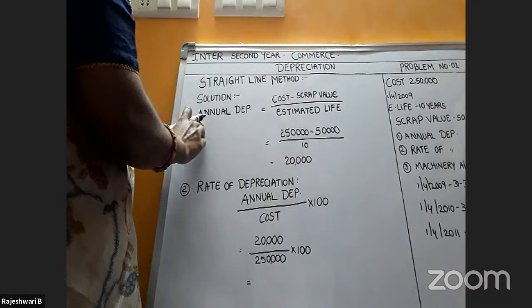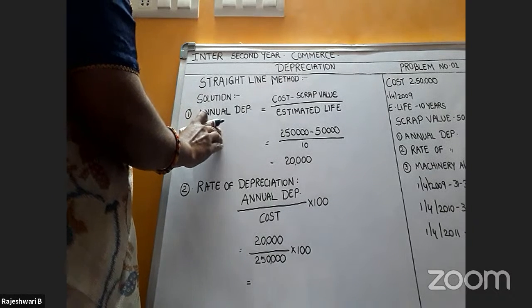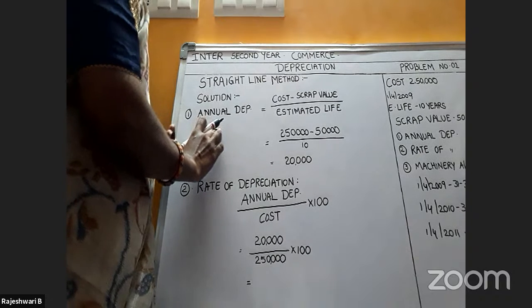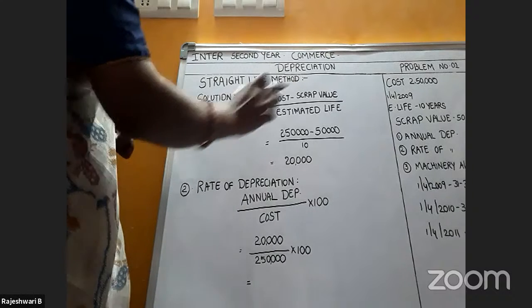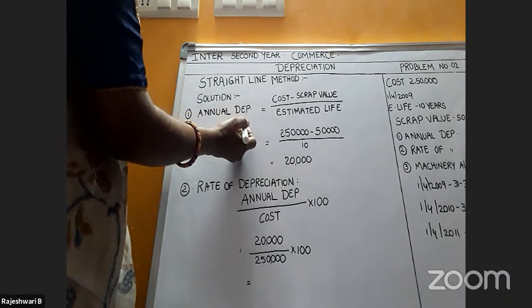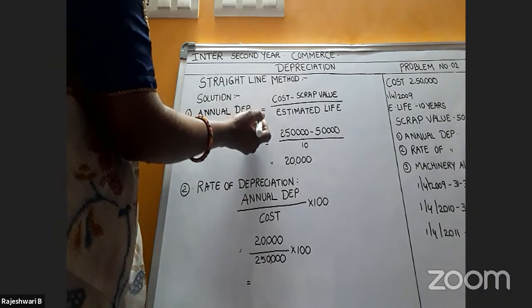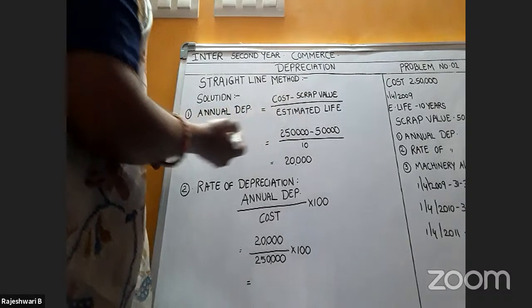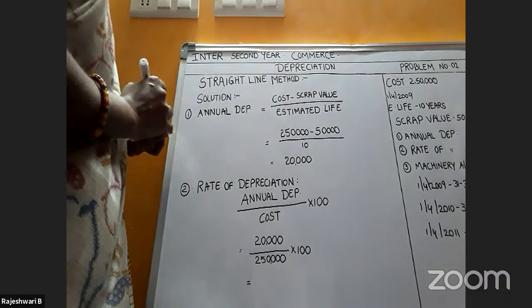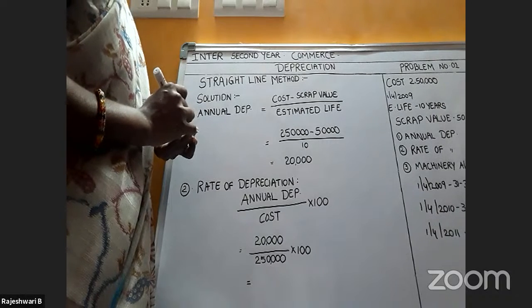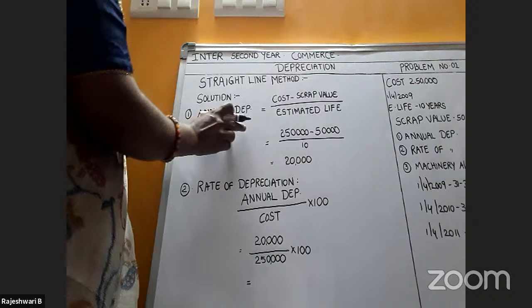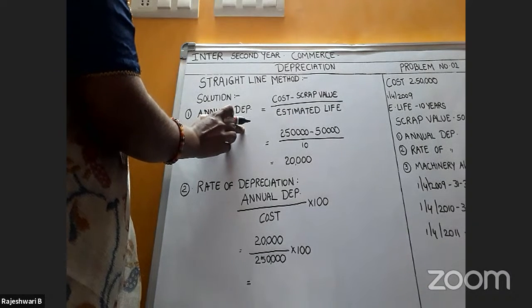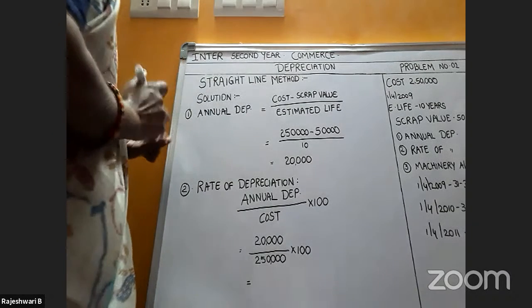This first question is taken from the Telugu Academy Commerce textbook, second year. First problem, annual depreciation. Annual depreciation is equal to cost of the asset minus scrap value, divided by estimated life of the asset. This is the formula to find the annual depreciation by the straight line method.